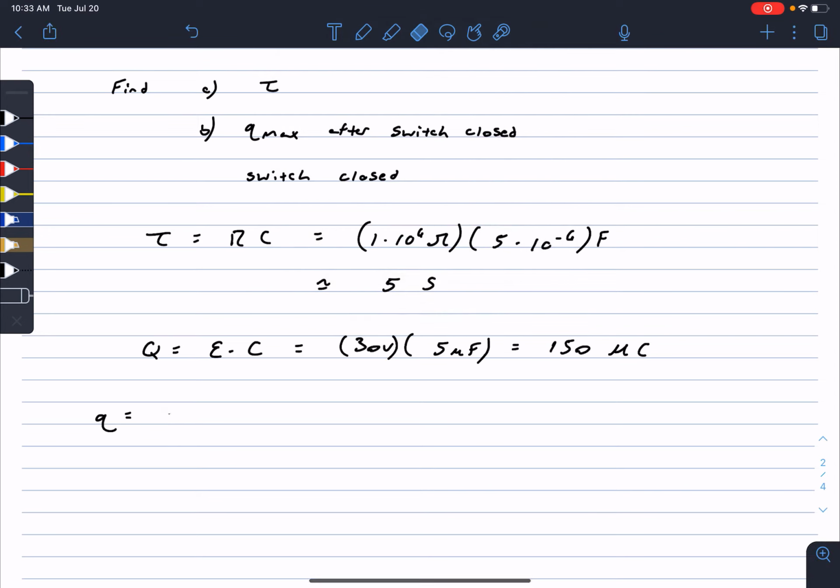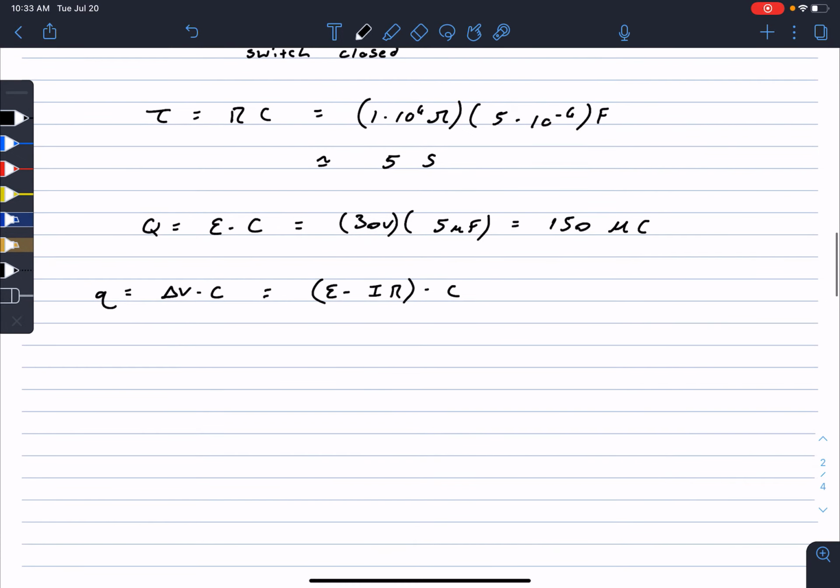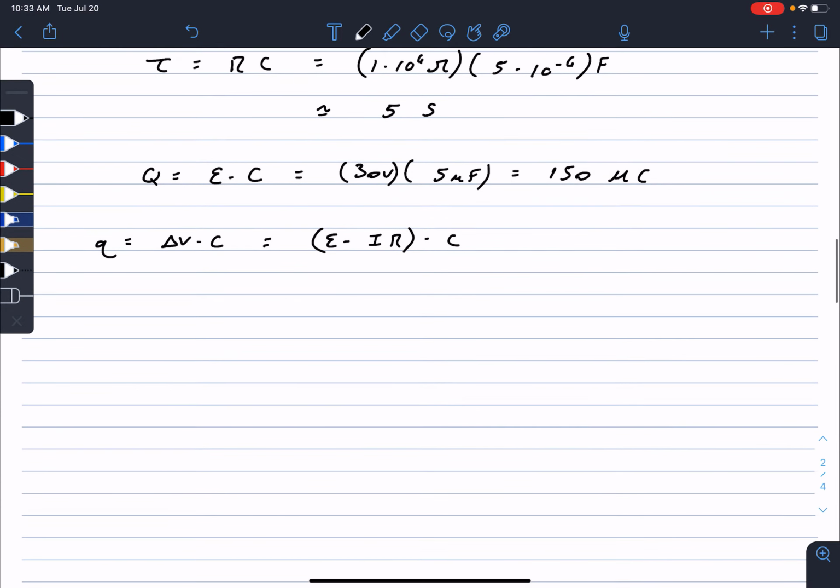Okay, and that is going to be equal to, when we have an EMF in the circuit, right? We also have that Q is equal to Q max times 1 minus e to the negative t over tau.